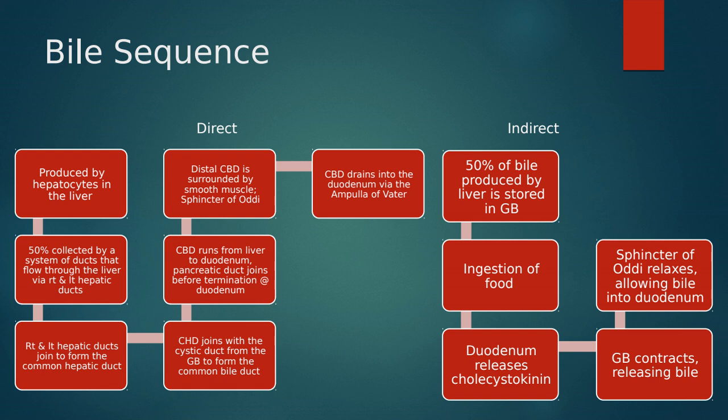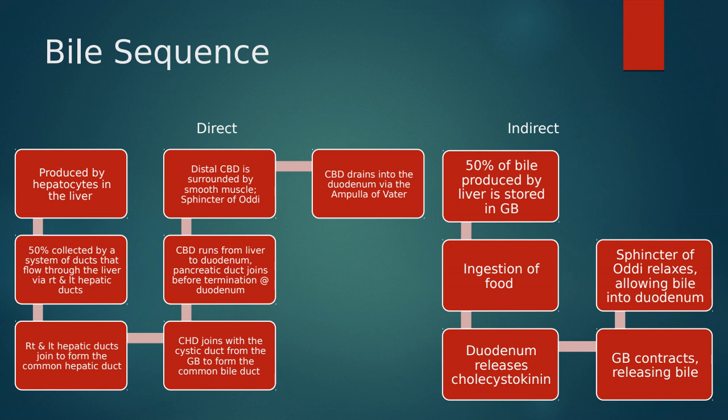Our liver, the hepatocytes, the functional cells in our liver, are going to produce the bile itself. The bile is going to be stored in the gallbladder with the indirect pathway. Really for both of these, the liver is going to produce the bile.